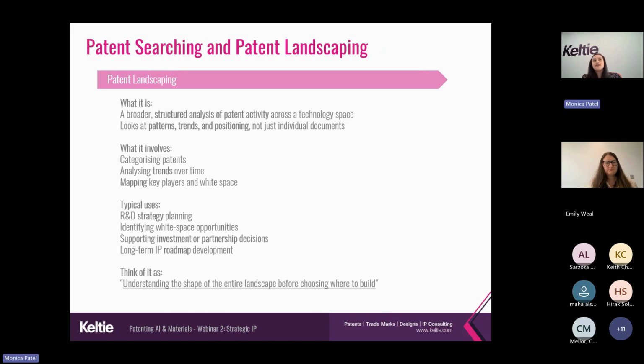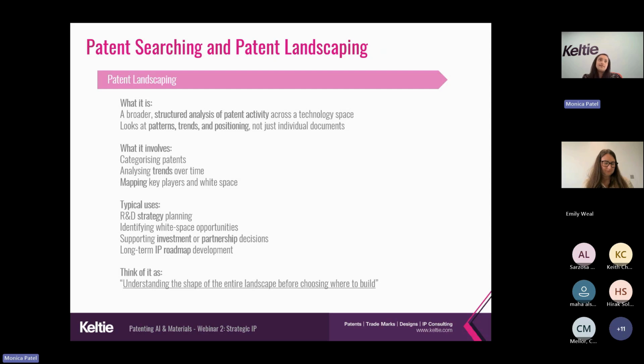Instead of searching for specific keywords and performing a detailed search for patent documents, it's more about analysis and categorizing patents, analyzing trends, and then mapping key competitors, key players, and white space.